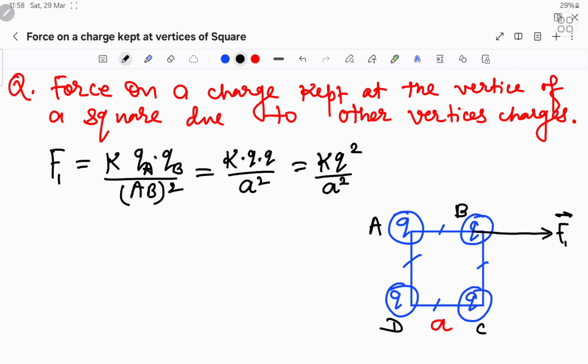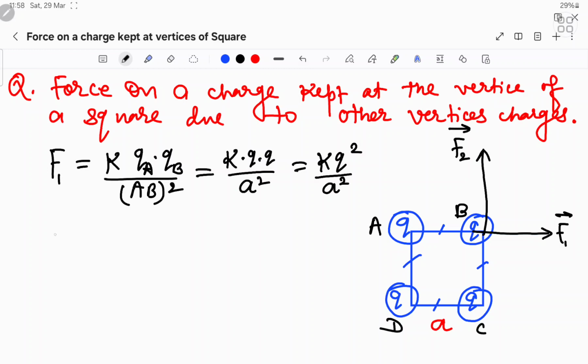In the same manner, the force on charge B due to charge C is in this direction. So this is force F2. What will be the force F2?